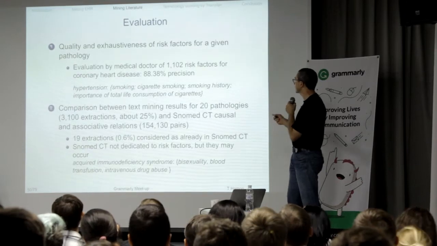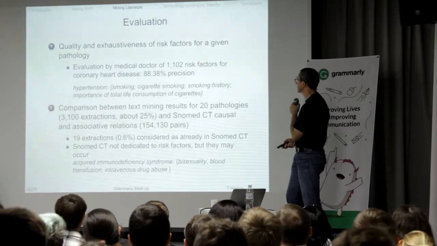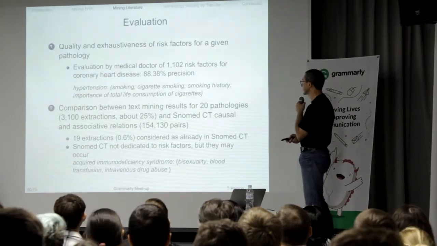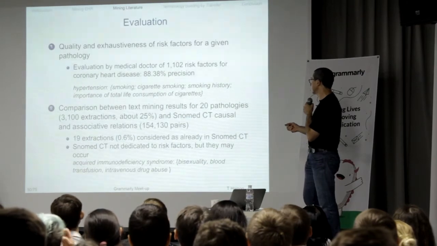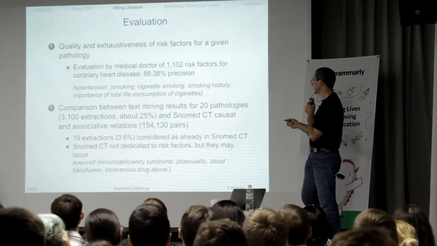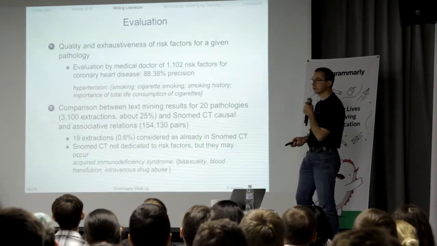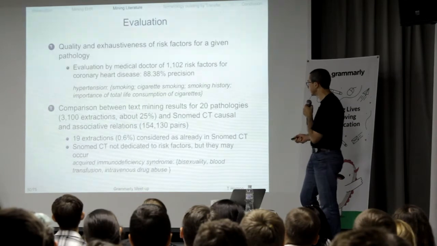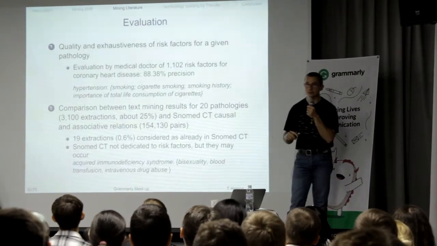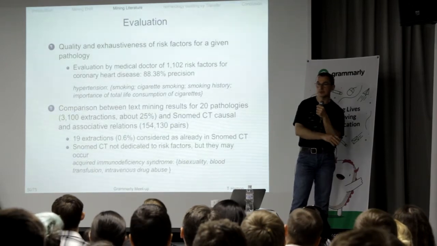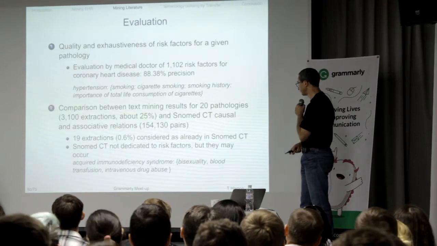You can have some examples of the risk factors for this coronary heart disease. And also we compare 20 pathologies with relation information coming from SNOMED CT, and there are only 19 relations which are common between what we find in the text and what is already recorded in the terminology.